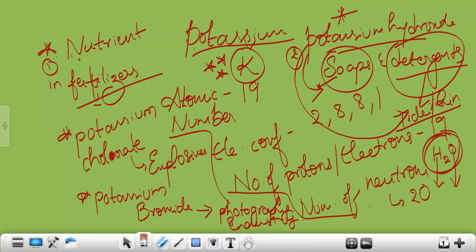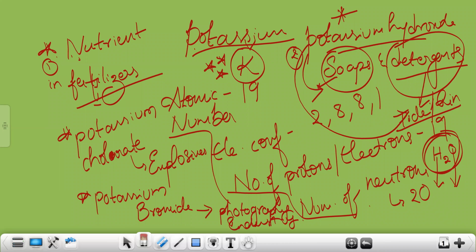The electrons present in the last orbit are called valence electrons. There were 19 protons and 19 electrons in the potassium atom, and 20 neutrons.